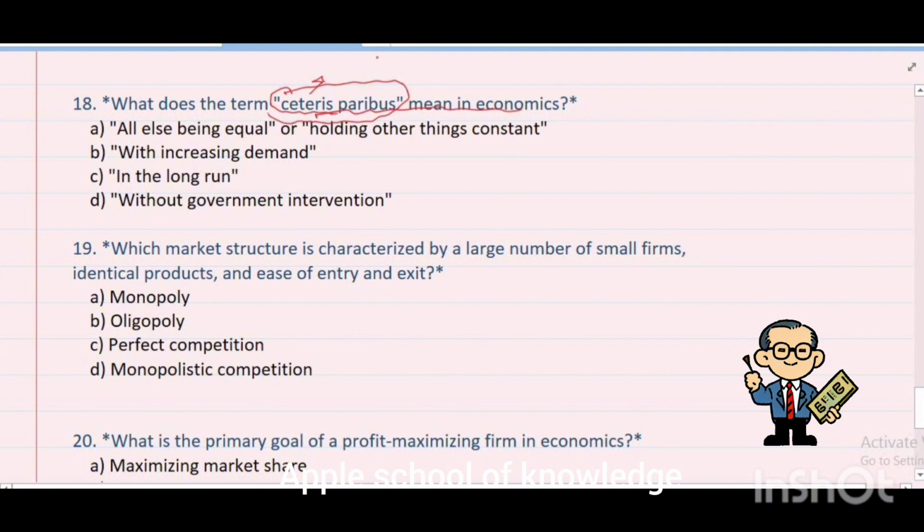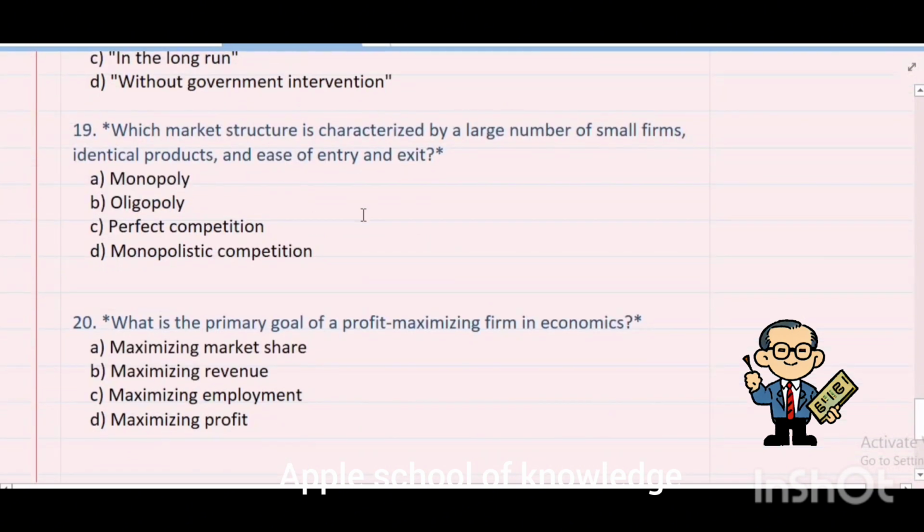Most of the time you will see this term. So all else being equal, or holding other things constant, is the correct option. Option A is the correct one. Ceteris paribus is used to isolate the effect of a specific variable while keeping other factors constant.